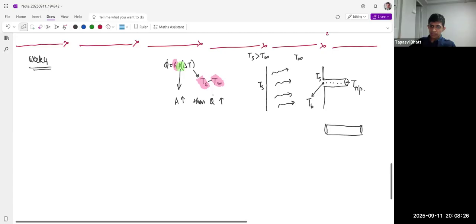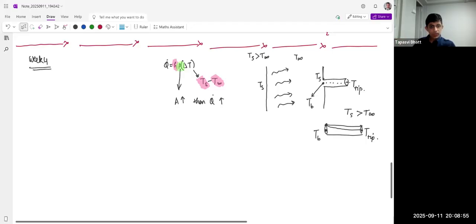This is called the base because it is attached to the surface. So we say T base and this is T tip. Very naturally T base is going to be equal to Ts, and it's going to reduce slowly if Ts is greater than T infinity. So this is the concept of fins in very brief.